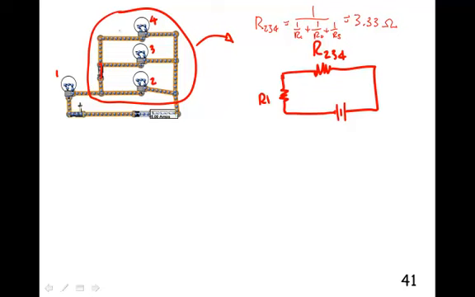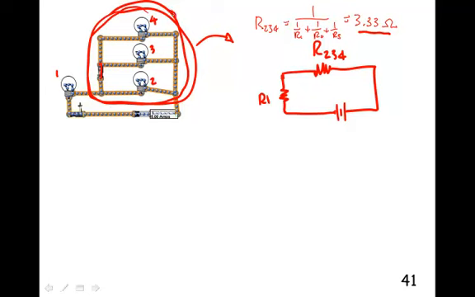Okay, so the first thing you notice is that these 3 light bulbs, we're just considering them as if they were resistors. They're in parallel, so I can calculate the parallel combination of those 3 using the equivalent resistance of a parallel combination. That's 3.33 when I plug the numbers in.